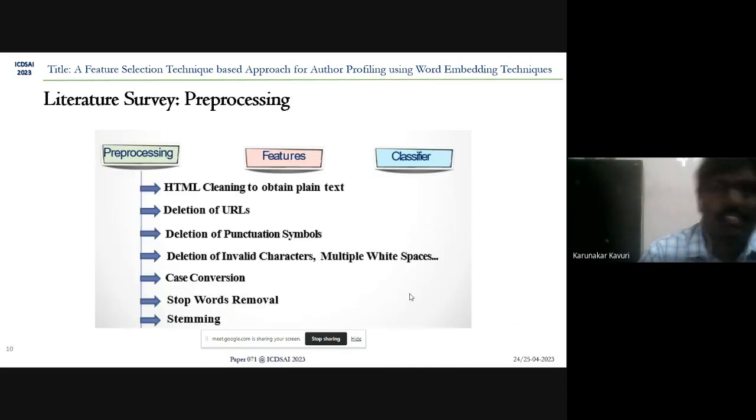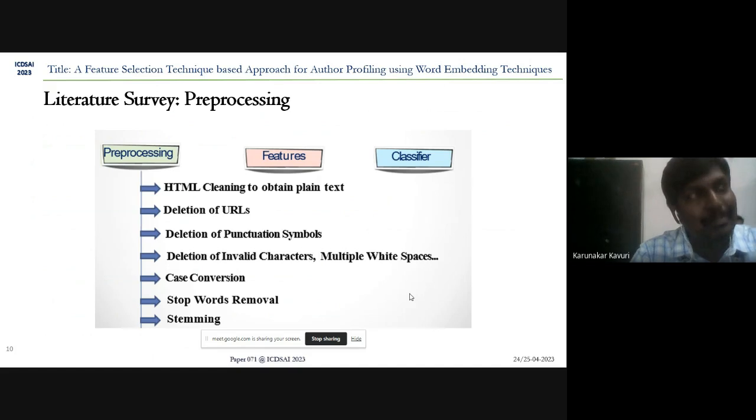So this is the literature survey, pre-processing. Before we give the data to the classification model, we are not directly giving it. We need to represent it in a numerical representation. So before that, the text must be cleaned. For that, HTML cleaning to obtain the plain text, deletion of all the URLs, deletion of punctuation marks, and some invalid and emoji symbols must be removed.